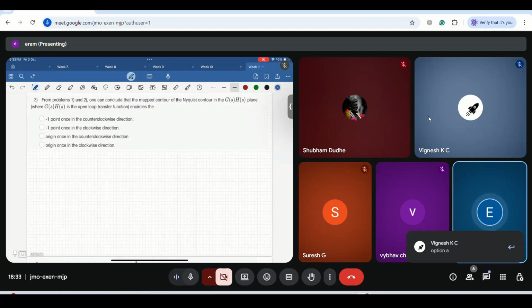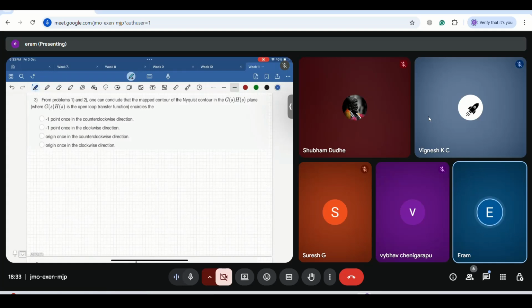So basically you have to tell me whether there will be any encirclement about the minus 1 point, obviously, because we are mapping to the GSHS plane. If we were mapping to the 1 plus GSHS plane, the encirclement we have to consider would be about the origin. But we are interested in the GSHS plane, so the origin is shifted to the minus 1 point.